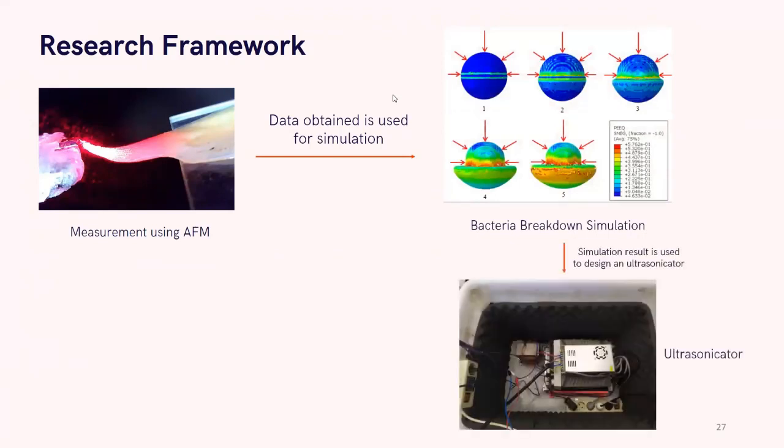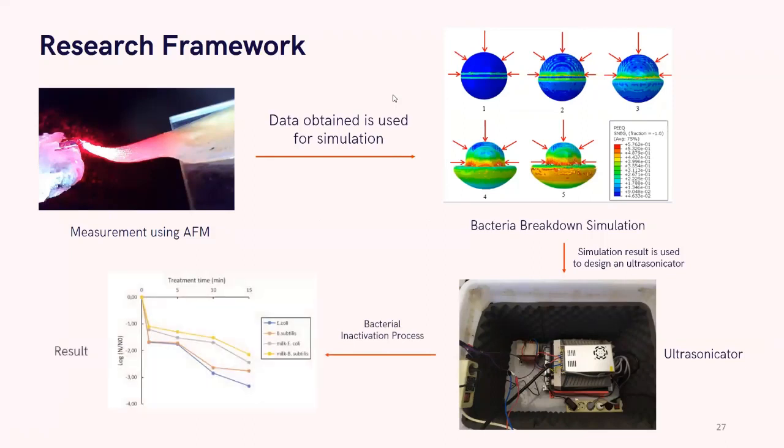After studying the bacteria breakdown behavior, we can use this to improve the ultrasonicator. Then the ultrasonicator will yield results where the examined values are the bacteria eliminated in terms of order of magnitude. All of this process is an optimization of the ultrasonic device.